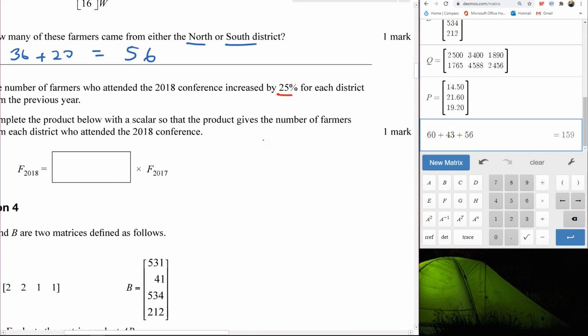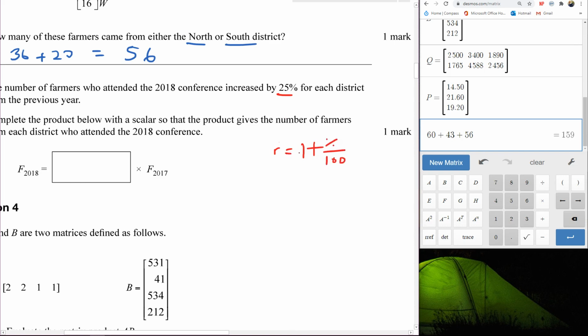So if you multiply anything by 1, let's say 3 by 1, you get 3. It's the same. Therefore, this number has to be higher than 1 for that 3 to increase. Now because it's percentages, if you think back to our recursion topic, if it's a 25% increase, you remember that rule where R equals 1 plus the percentage over 100.